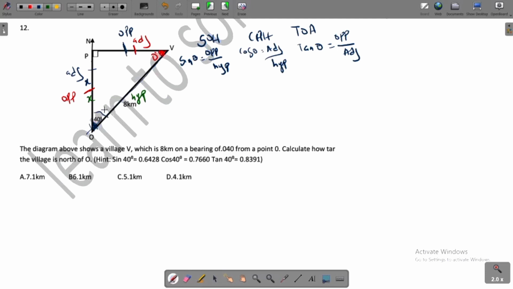Since we are looking at this angle, which of the three formulas combines this adjacent and this hypotenuse? We look for the side that combines the adjacent and the hypotenuse.